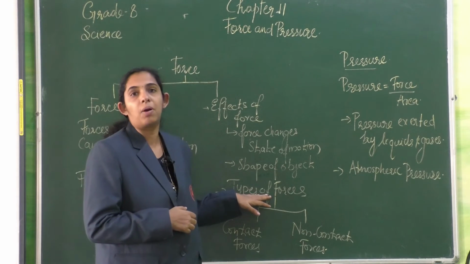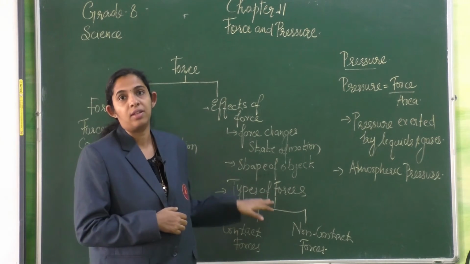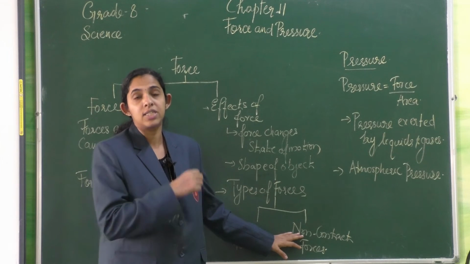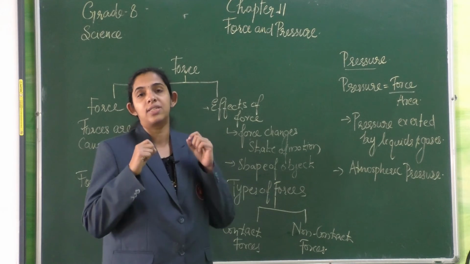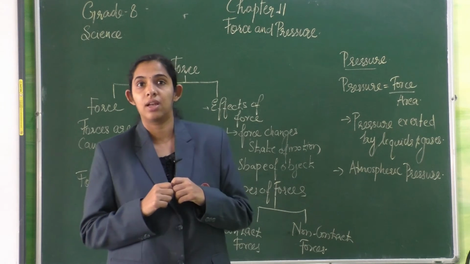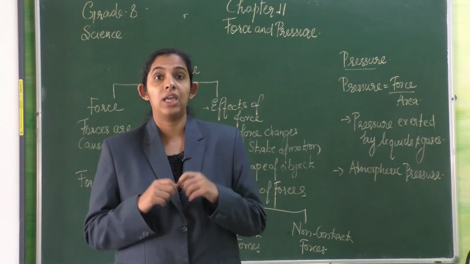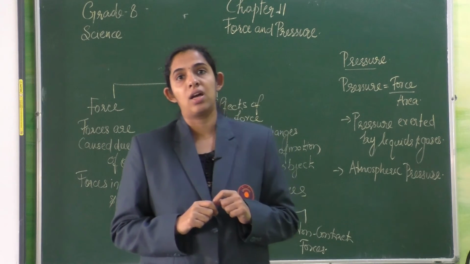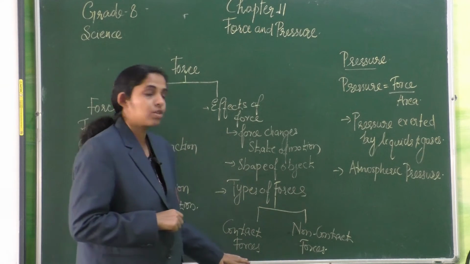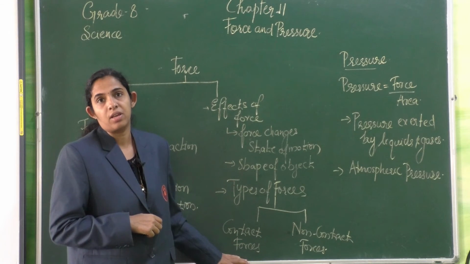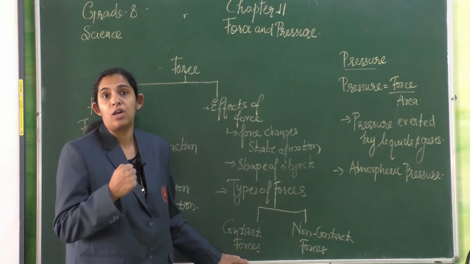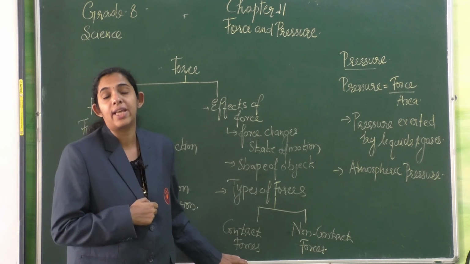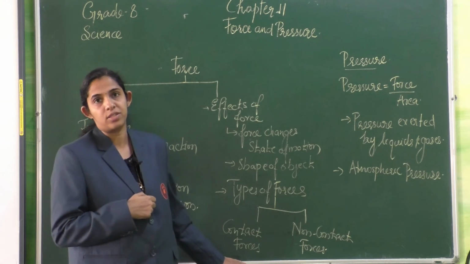Next, we have seen about different types of forces. They are contact forces and non-contact forces. It depends upon whether the objects in interaction are in direct physical contact or not. If the objects in interaction are in direct physical contact, we call such forces contact forces. We have seen the muscular force, the frictional force or the mechanical force are all examples of contact forces.